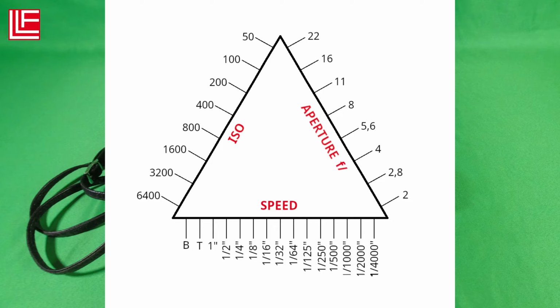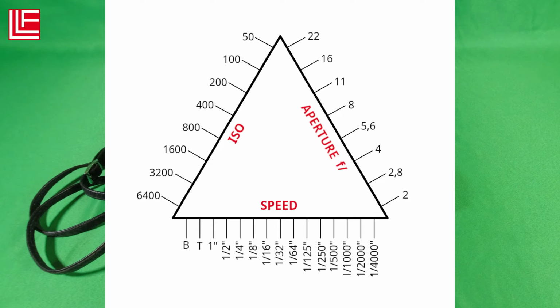And basically, the law of reciprocity is how the light gets on the film or on the sensor. The problem is that the back of the lens is round, while the film and the sensor are rectangular or square, it depends.